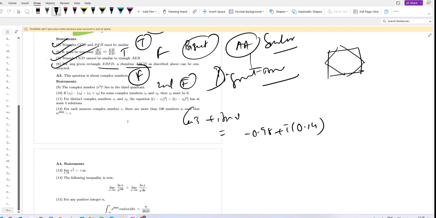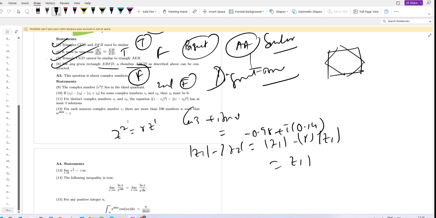Next is z2 equal to r z1. Let's take z2 equal to r z1, where r is real. Taking the modulus separately, mod of z1 minus mod of z2 equals mod of z1 minus r mod of z1.